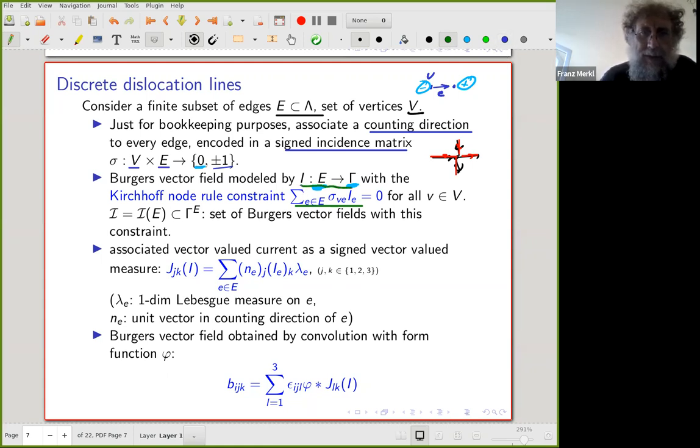Okay, now this is just a discrete function, but you can think of it as a vector valued current. Think of it like an electric current, but with 3 vector components, this Burgers vector field.